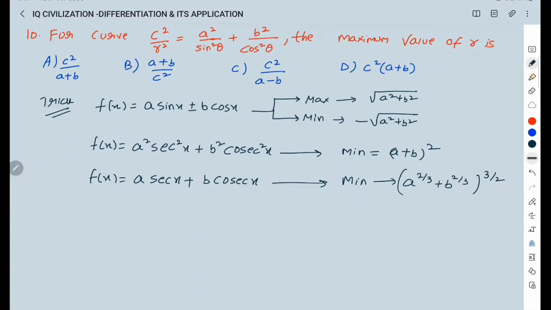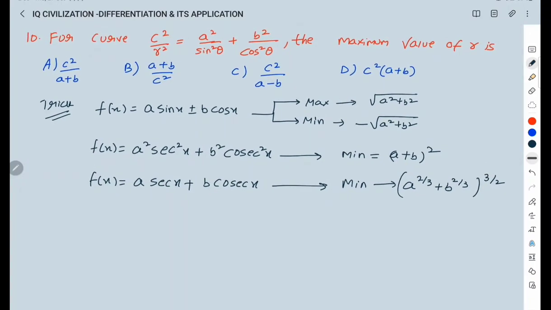So here we will come back to our question. c square by r square is equal to a square sin square theta plus b square cos square theta. We'll just refine our question. So here it is c power 4. So it becomes c4 by r square is equal to a square times 1 by sin square theta, that is nothing but cosecant square theta, plus b square times 1 by cos square theta, that is secant square theta.